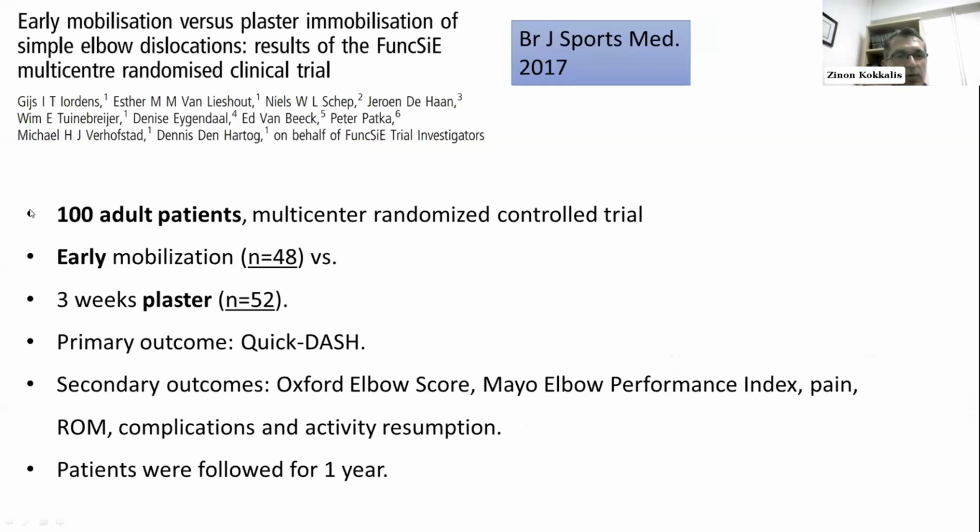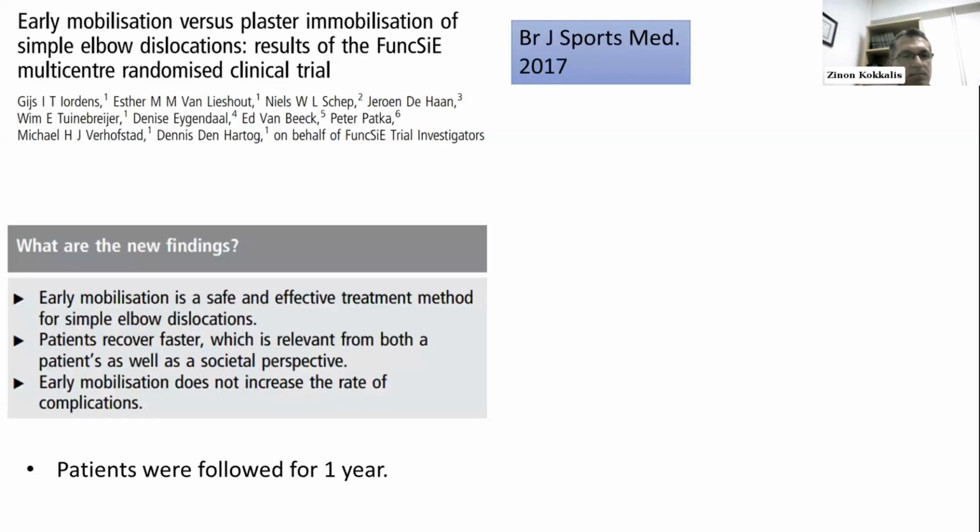Another study that Professor Adams has already mentioned is a multi-center randomized controlled trial from the Netherlands. They studied 100 adult patients, early mobilization 48 patients, 3 weeks plaster 52 patients. They studied functional scores, and patients were followed for 1 year.